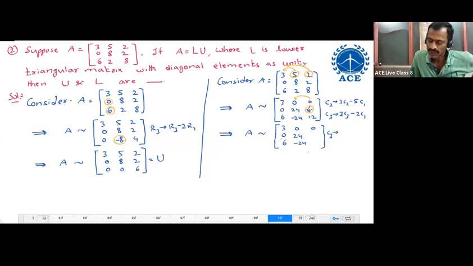To get 24 here, multiply by 4: 4 C3 minus C2. 24 minus 24, 0. Next, 4 into 12, 48. 48 plus 24, so 72.